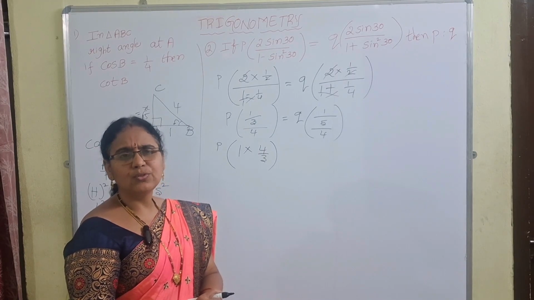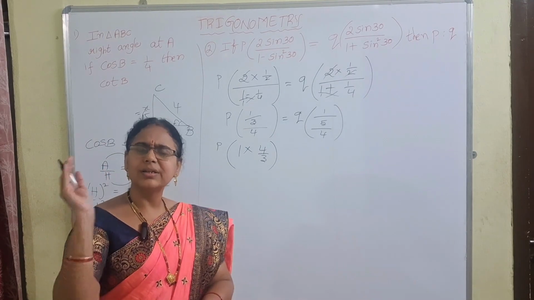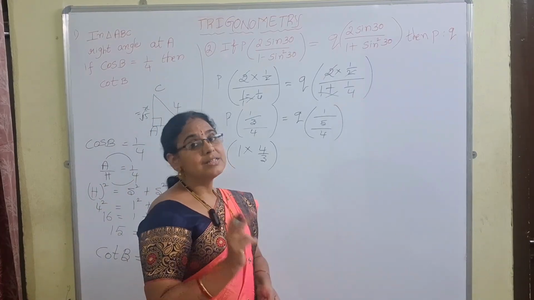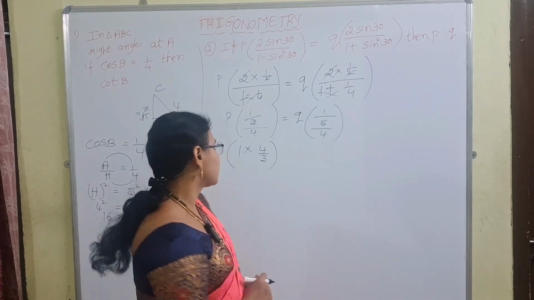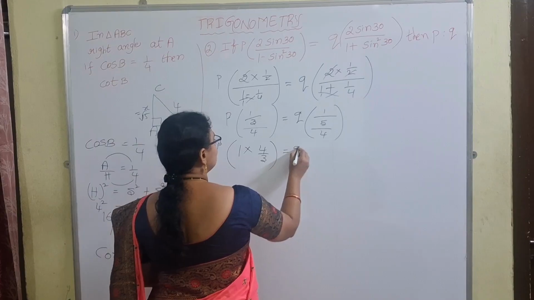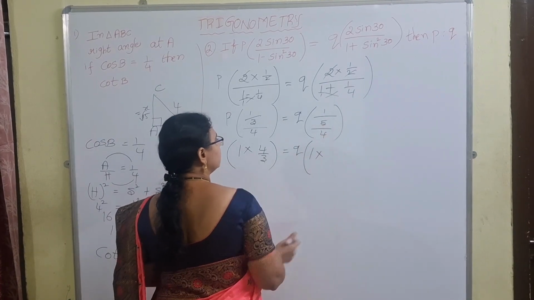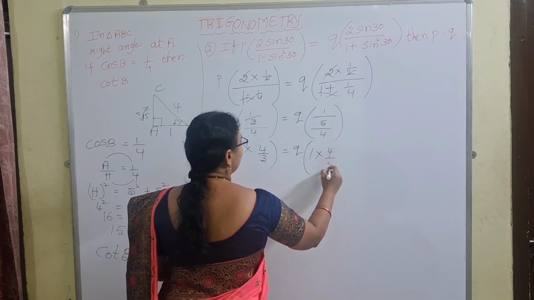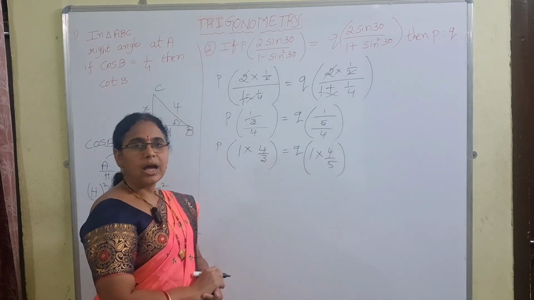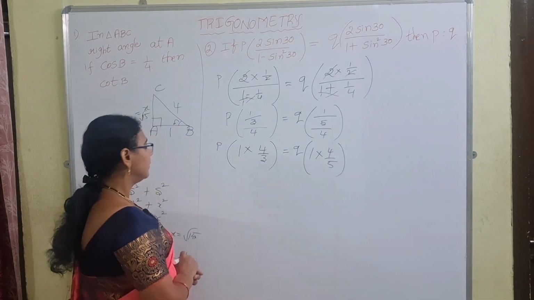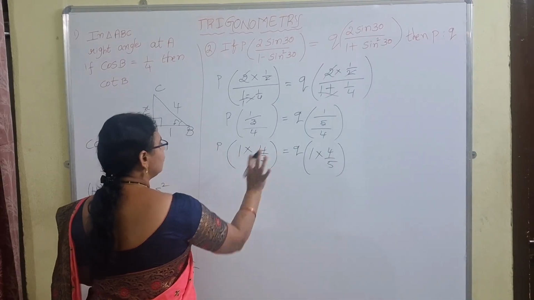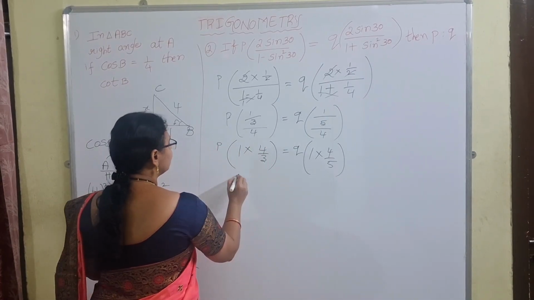That is needed not only in 4th and 5th classes, but up to higher classes we have to perfect the simplification of fractions. That is equal to Q into numerator as it is, denominator 5 by 4, I wrote the reciprocal, 4 by 5. So here 1 into 4 is 4, and P is at the numerator.